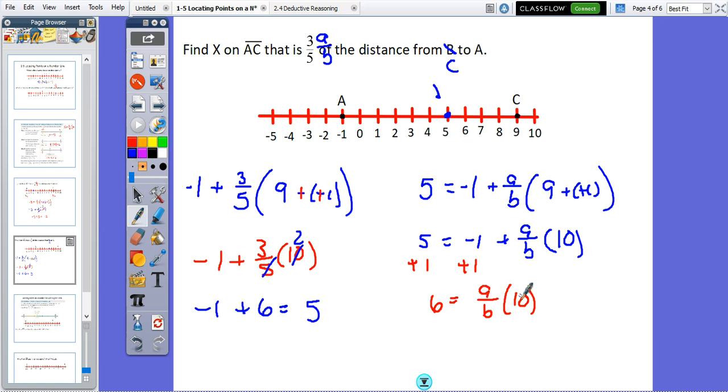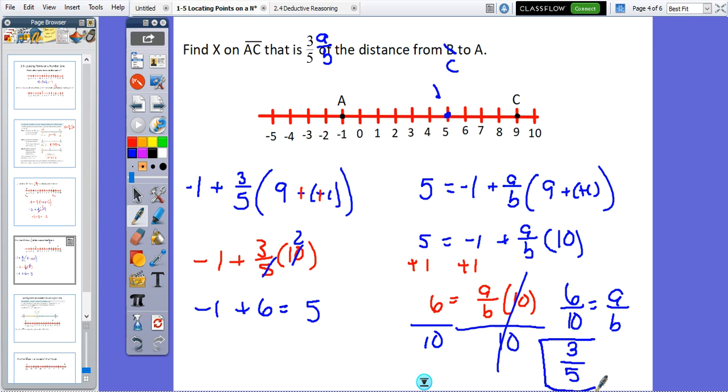If this was x times 10, I would divide. Just because this is a fraction doesn't mean the math is not still the same. You're going to divide by 10, you're going to divide by 10. Here, it cancels, leaving me 6 over 10 equals a over b. Now remember, we are going to reduce that, so we get 3 over 5. That's our answer in this particular problem right here, which we knew already, but that's how you would do it if you come across that problem.